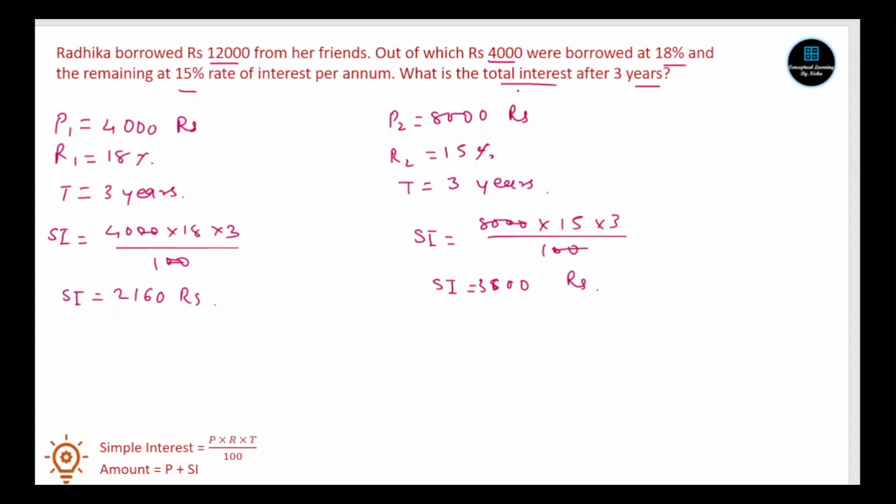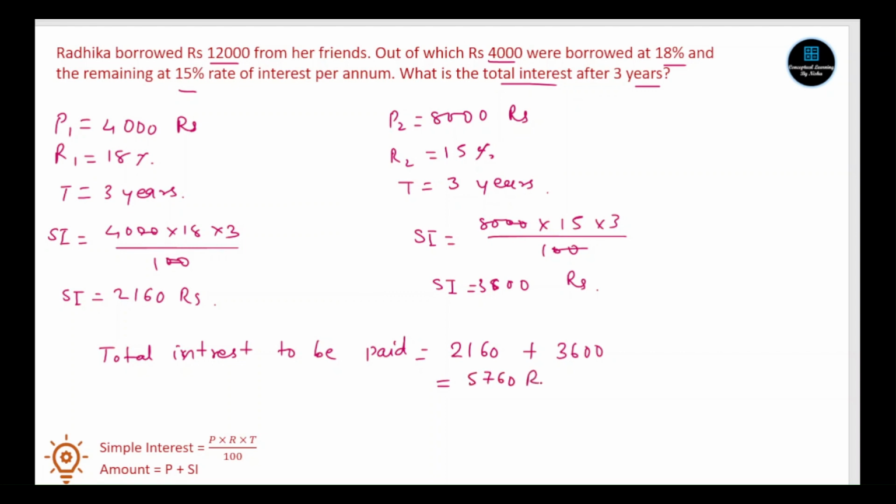We have to find total interest. So total interest to be paid is nothing but 2,160 plus 3,600, and when we add them, what do we get?